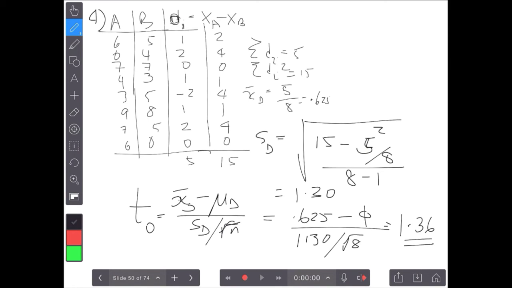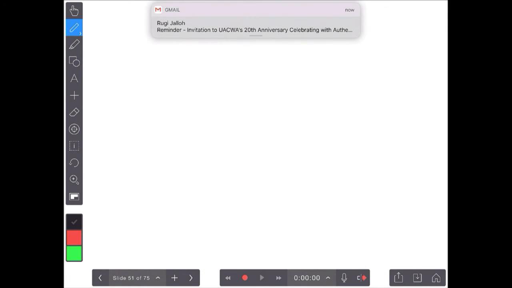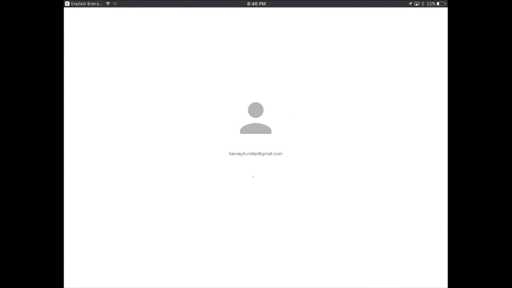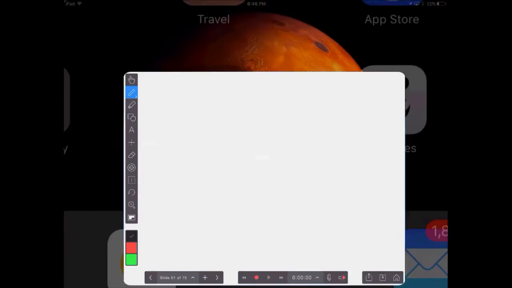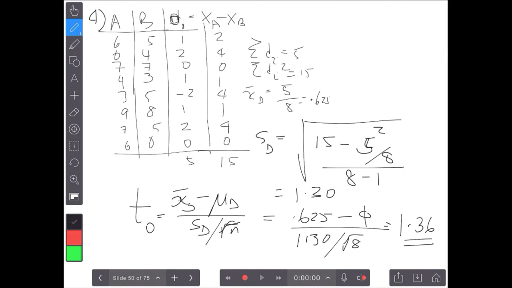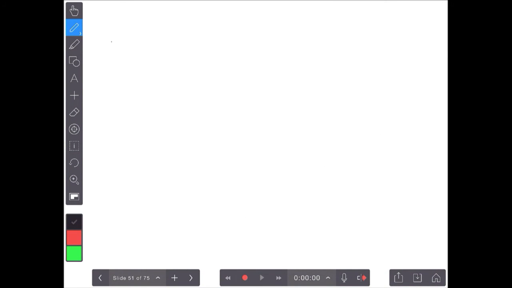1.36. All right, so now we need a p-value. Because this is a right tail test, the p-value is the probability of t being greater than or equal to 1.36.